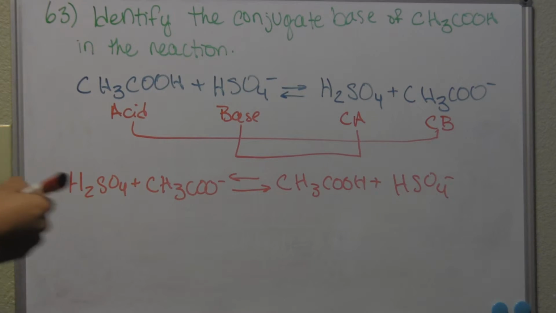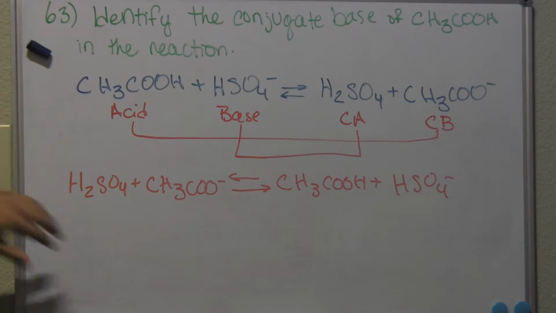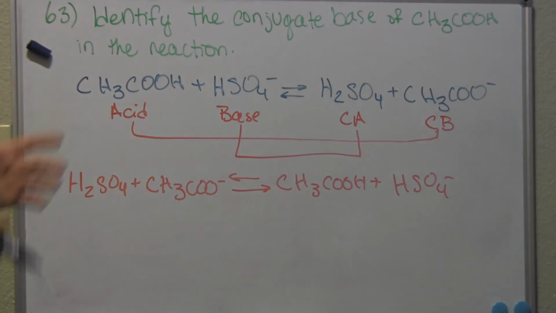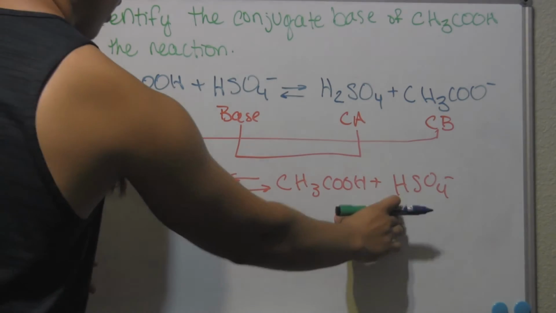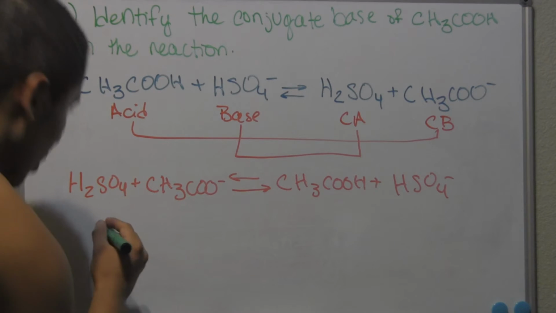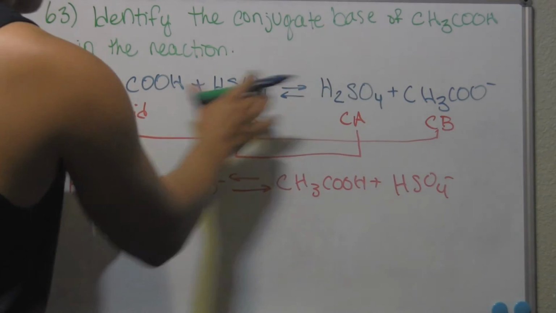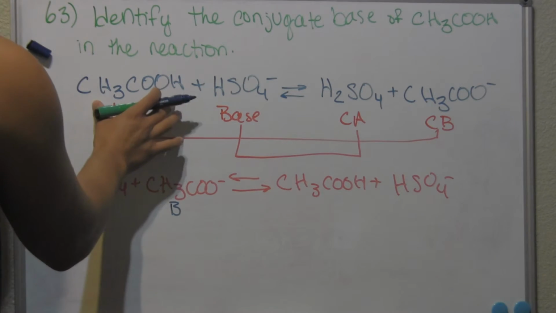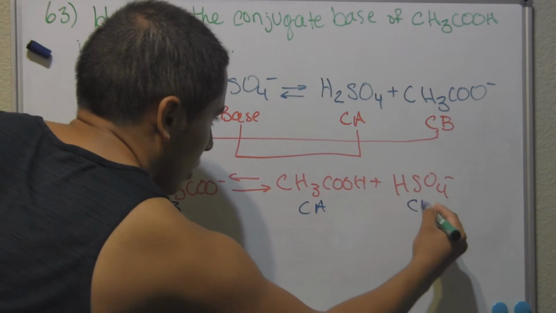Now let me switch colors. On this side of the equation, you see it's exactly the same thing as this one, just flipped around. But if the problem gave you this reaction, then this would become your acid and this would become your base, and we just pretty much changed the name. So acetic acid here becomes the conjugate acid, and this becomes a conjugate base.